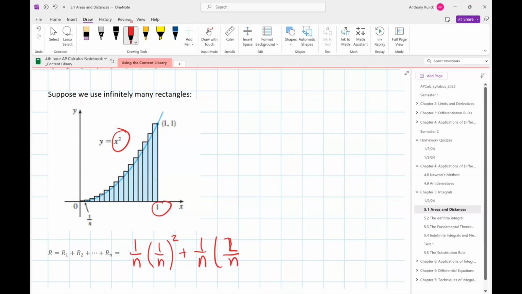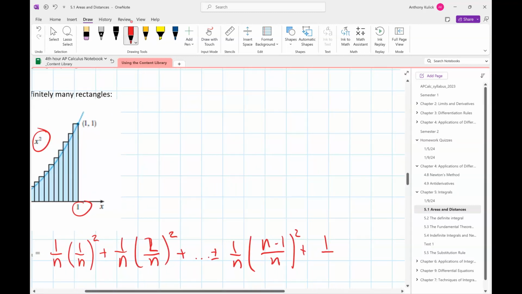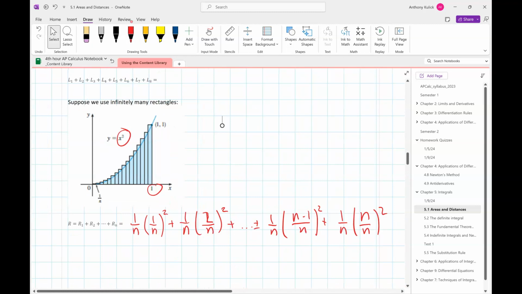But now I'm at the next spot, which is 1 over n plus 1 over n, or 2 over n. And we'll just kind of keep doing this. All the way out, right?